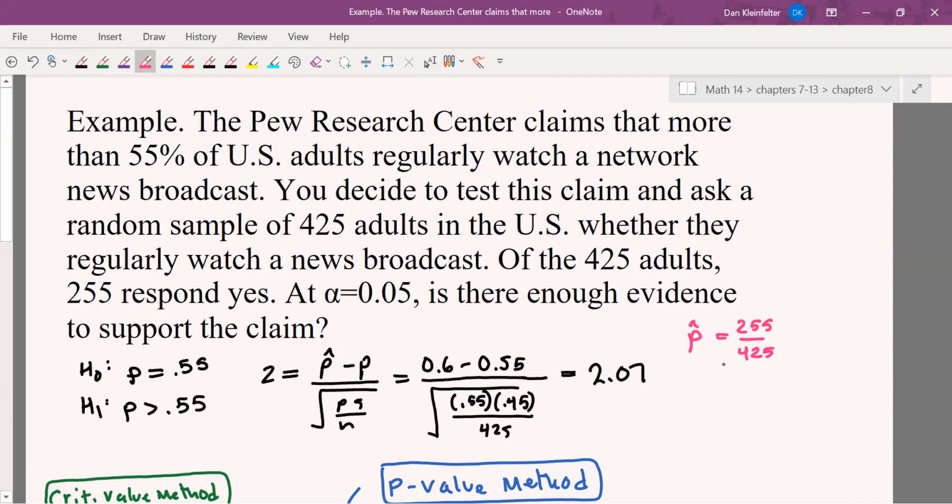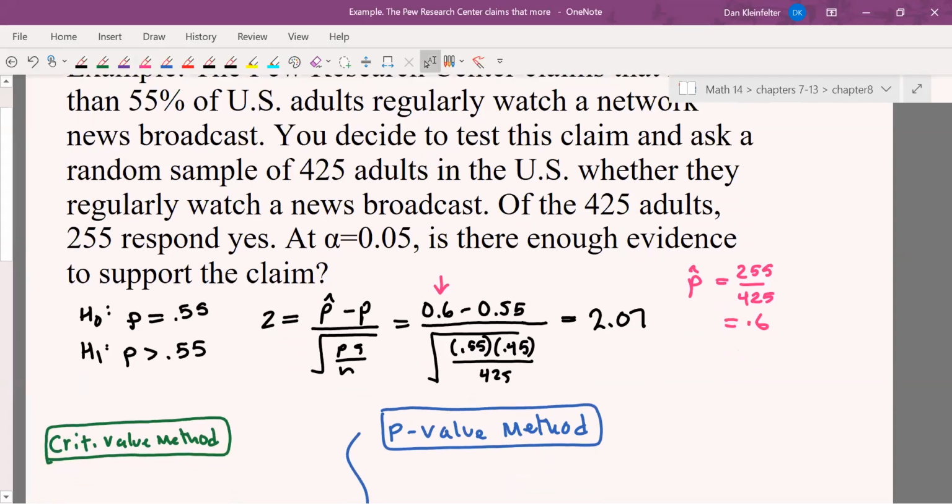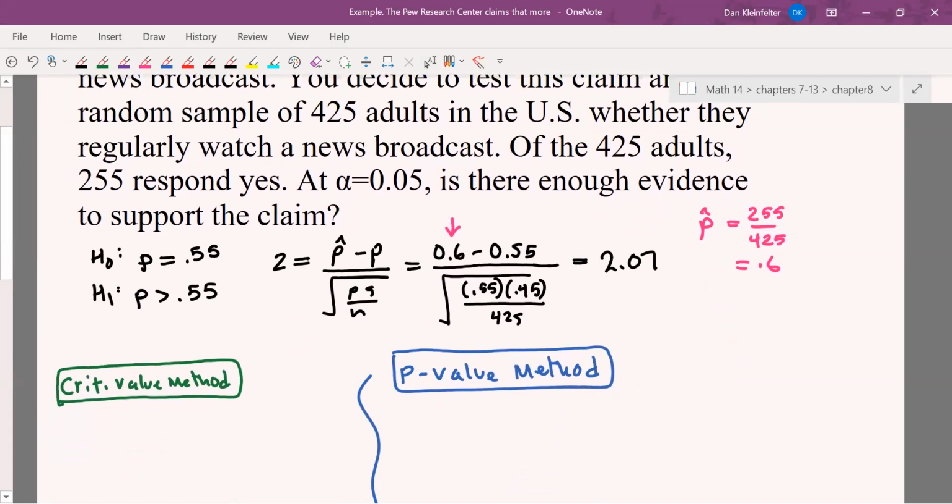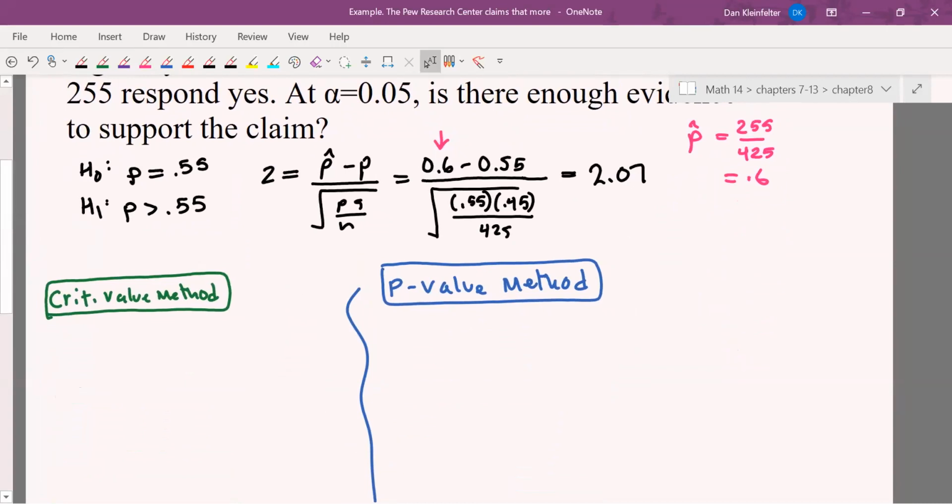And that 255 out of 425 is where that 0.6 is coming from in our calculation of Z. The 0.55 down below comes from our hypothesis, as we had seen before. So this one saves us a little time because we already have that test statistic calculated.